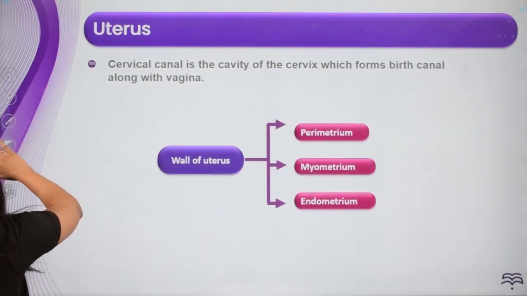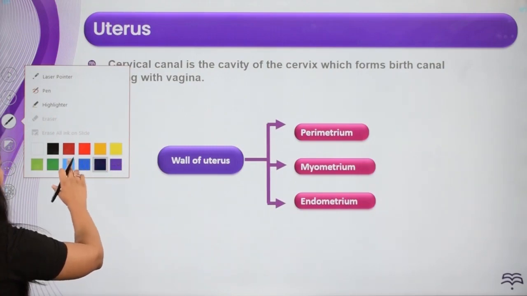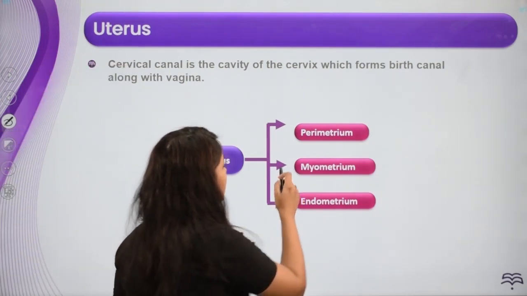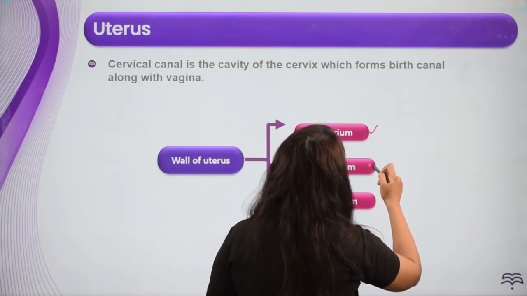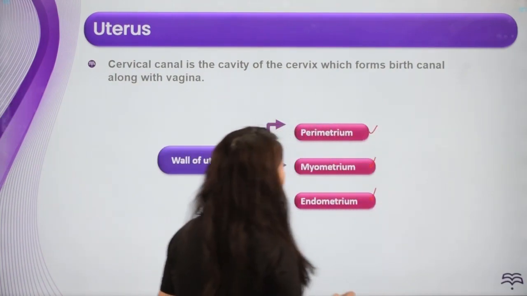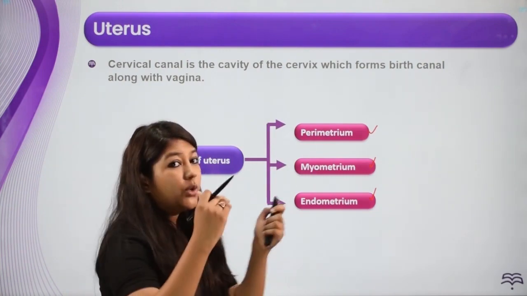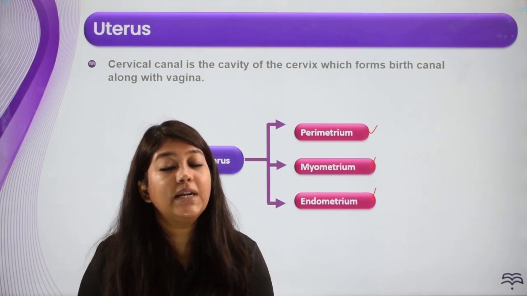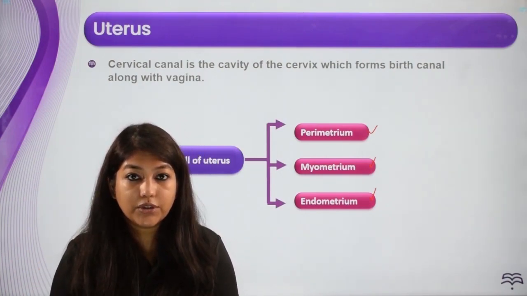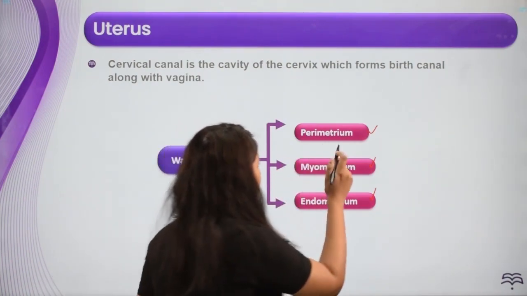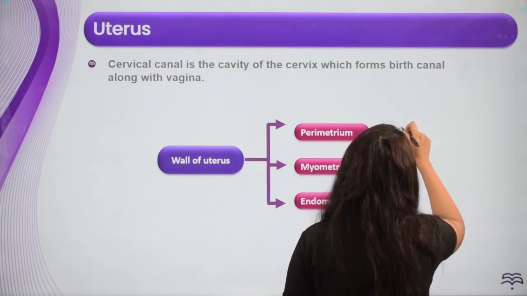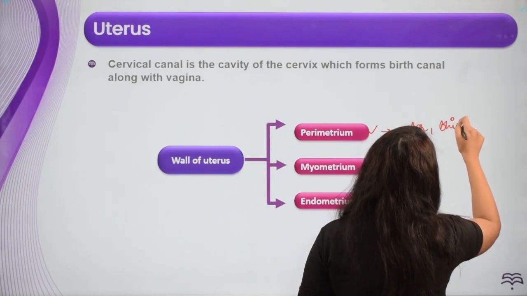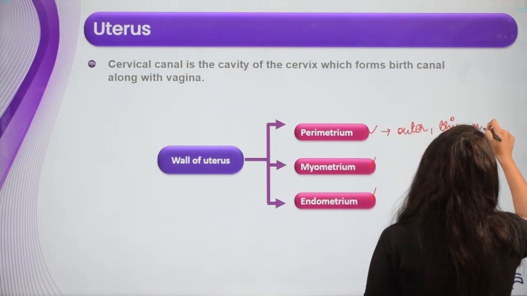Now the next very important part, the walls of the uterus. So what are the walls of the uterus? Perimetrium, myometrium and endometrium, right? See, in the sequence you have to remember peri, outermost, myo, middle and endo, innermost. All right, so see, peri is outermost. Okay, it is thin, membranous.